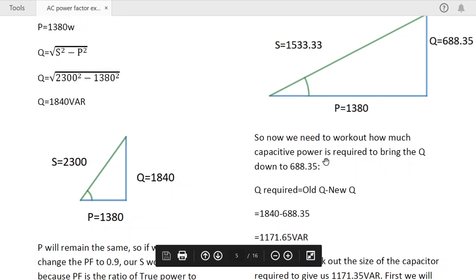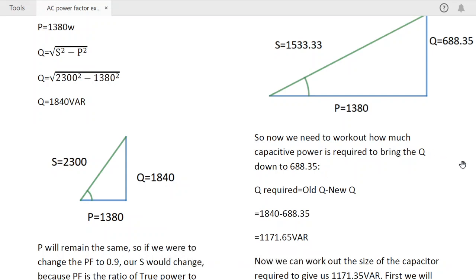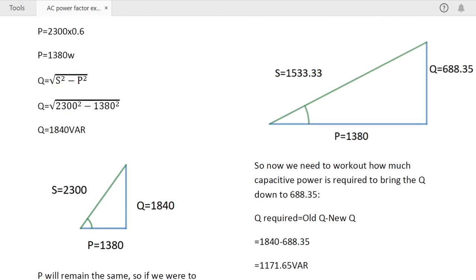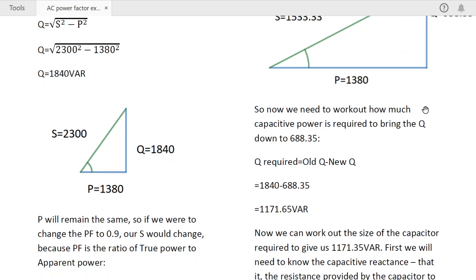So now we need to work out how much capacitive power is required to bring the Q down to 688.35. So we worked out that that's the Q that we need for our power factor to be 0.9, but that doesn't tell us what capacitor it is. In fact, it doesn't even tell us what the Q of that capacitor will be. So we need to work that out.